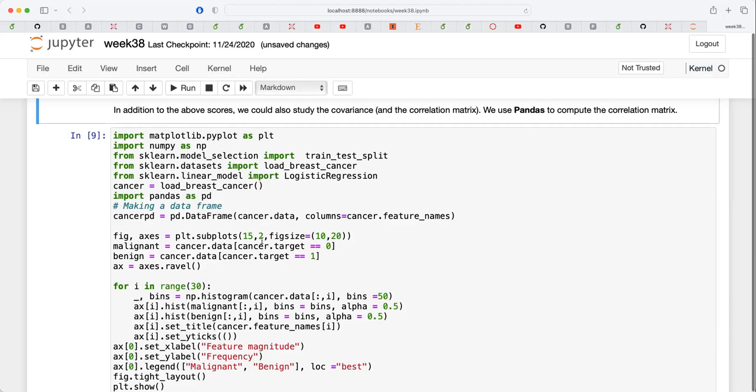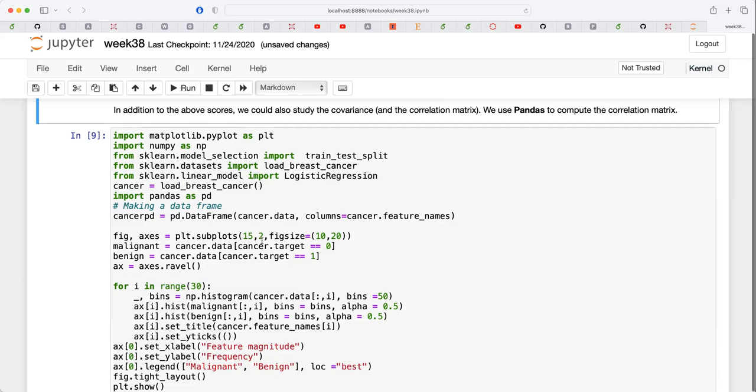If you have 0, that means that this feature doesn't correlate with that feature at all. So this is something which, if you have not too many features, like in this case you have 30, it's extremely useful to plot the correlation matrix, because that tells you which of the data points may be more interesting.